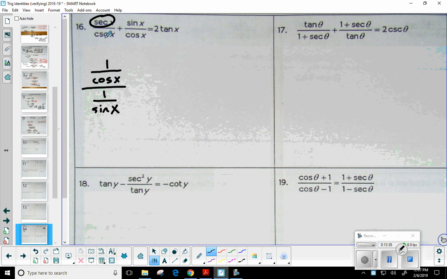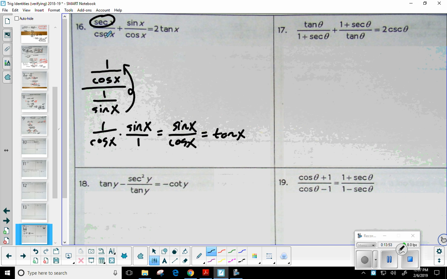Perfect. I see where you're going. We're going to take the reciprocal of that. So this is 1 over cosine x times sine x over 1, which is just sine x over cosine x, which is equal to tangent of x. And then you've got this guy right here.